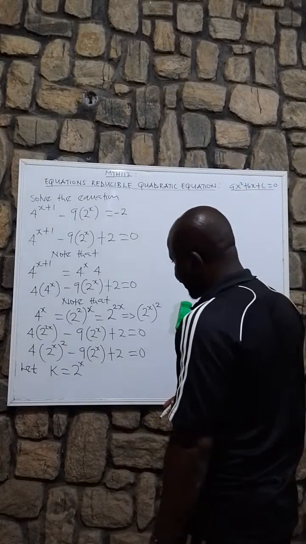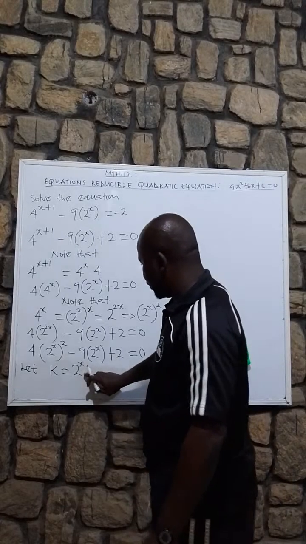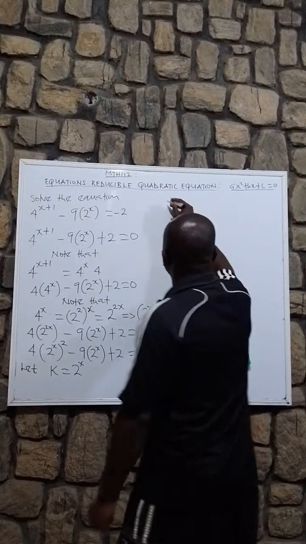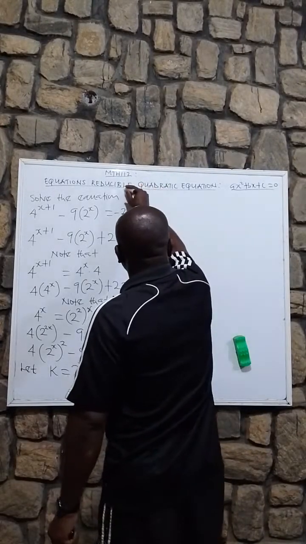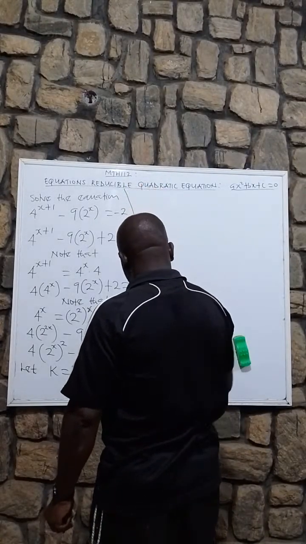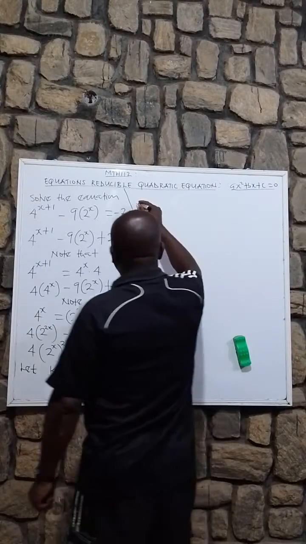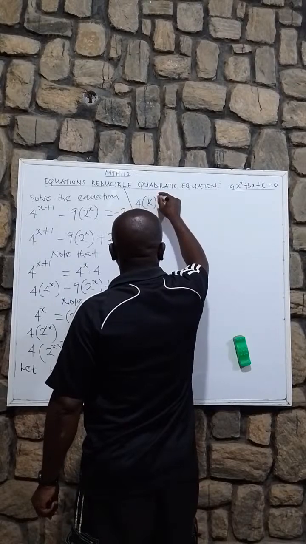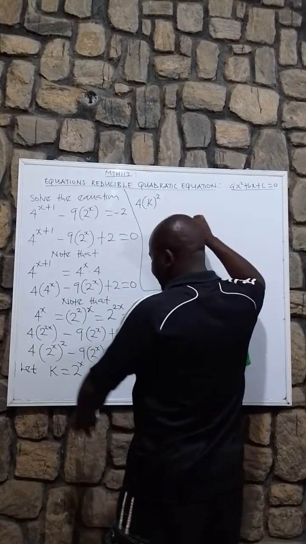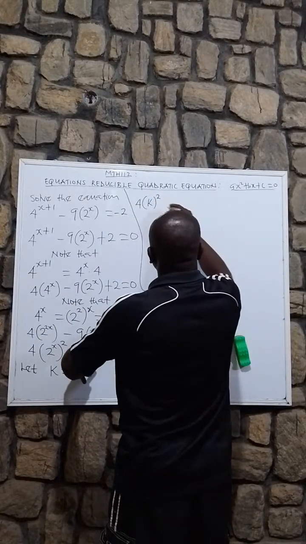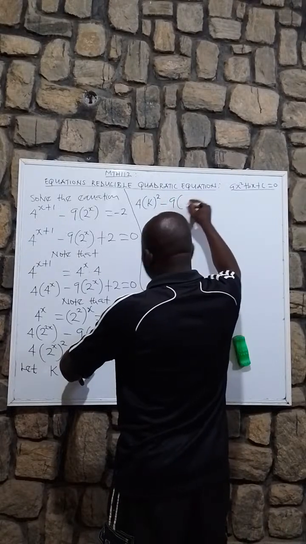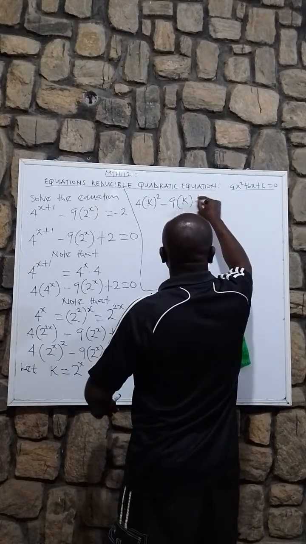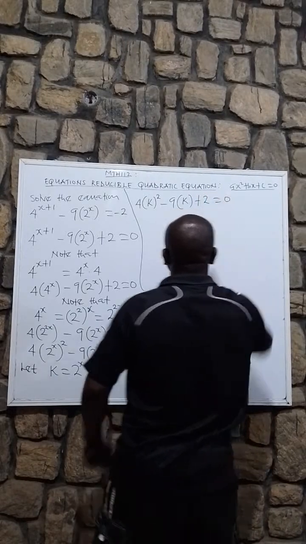So as you can see now, anywhere you see 2 raised to the power of x, you put k. So this place will now be 4 open bracket k all square, then minus 9 open bracket k, then plus 2 equals to 0.